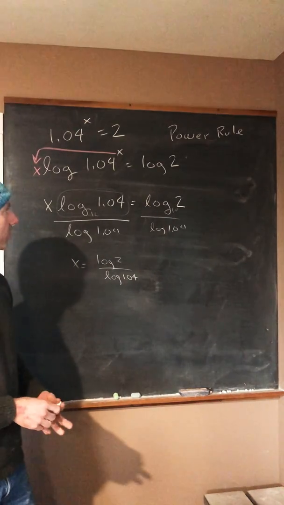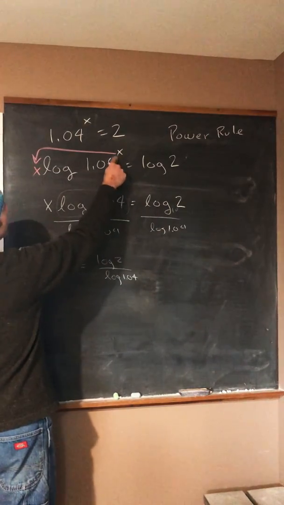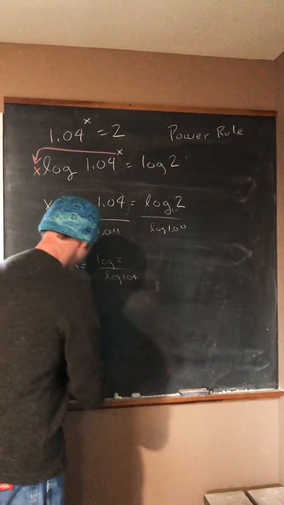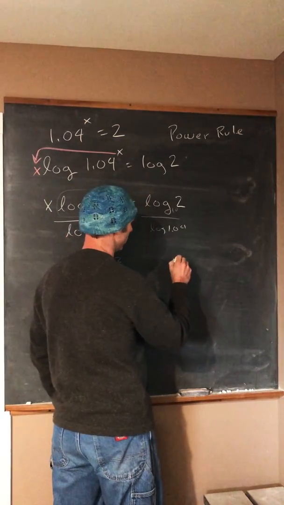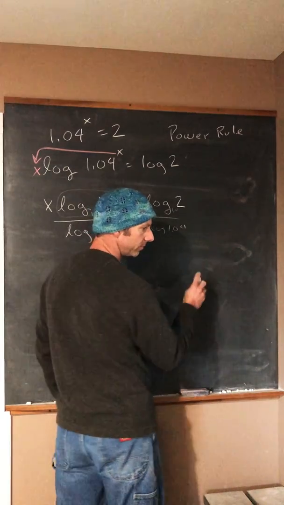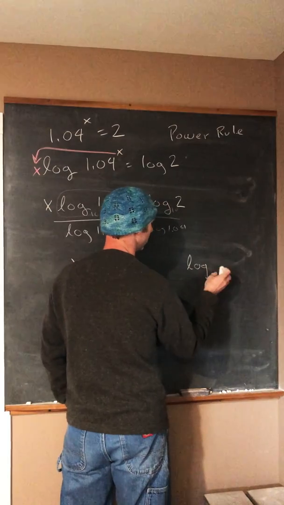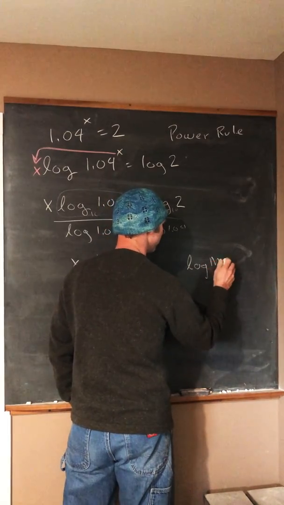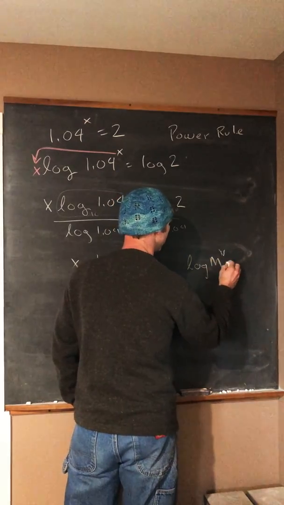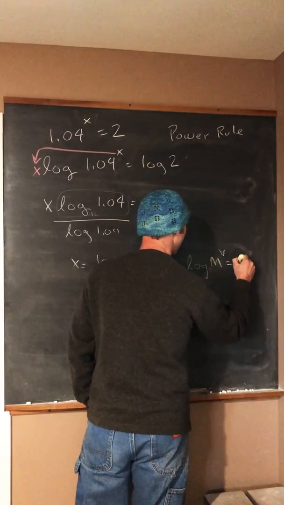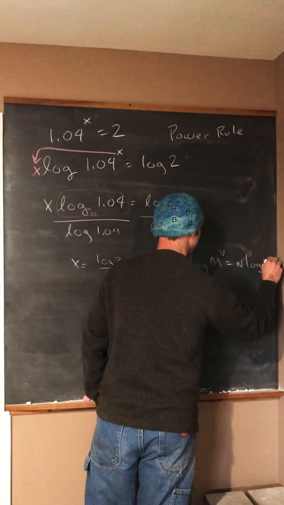Okay, the power law, or the power rule, says if there's a power right here, you bring it down. Which we can write out as this. So, log of m to the n equals n log m.